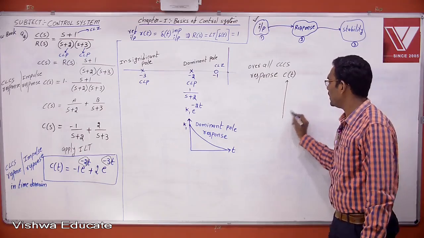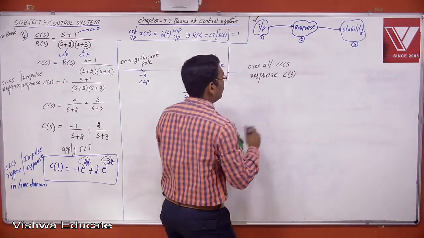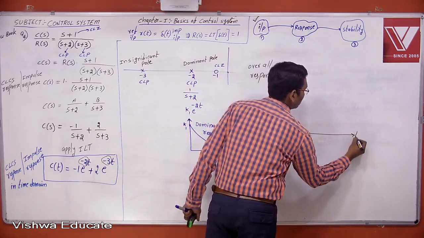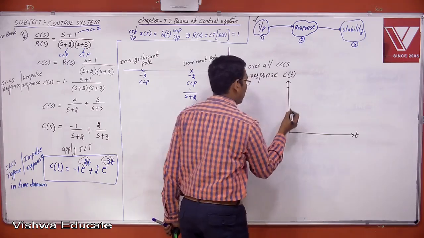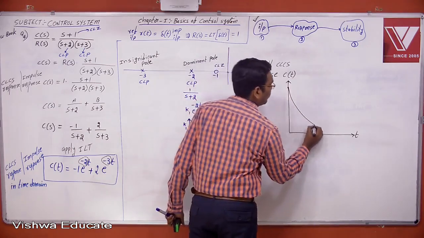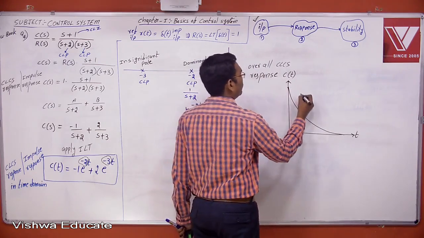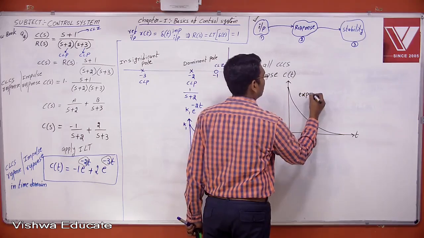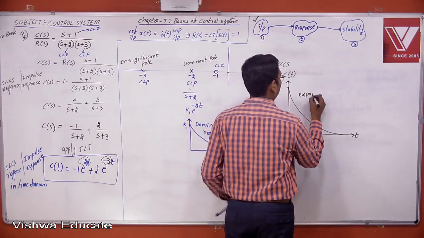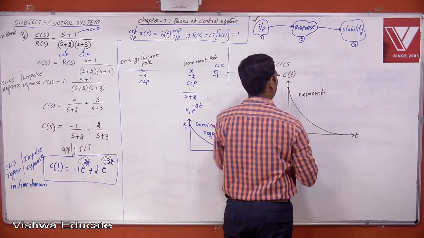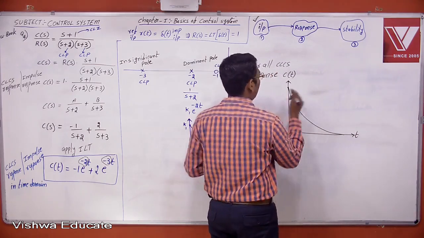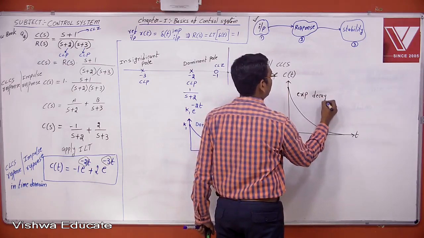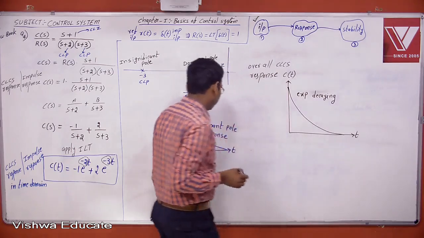Then he is saying the overall closed loop control system response is exponentially decaying.